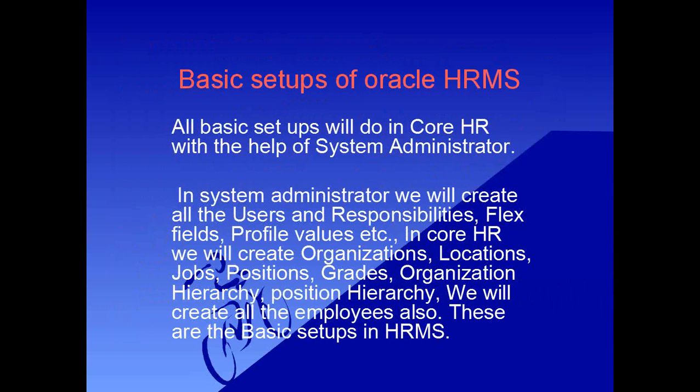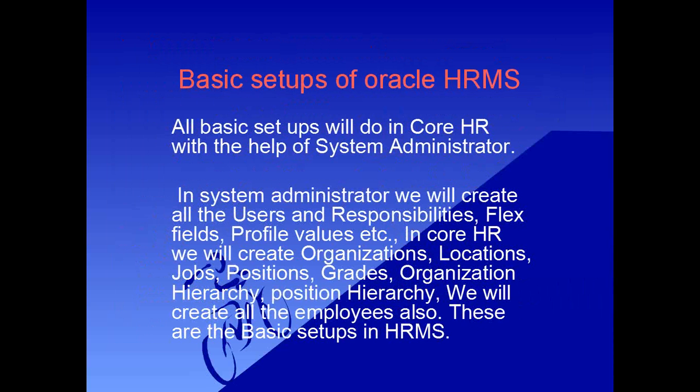In position we will also mention the region. Region means for which region: either India, US, or UK. And in India, whether Hyderabad, Mumbai, or Bangalore, where it is. And grade we will mention. Grade we use for both job and position.